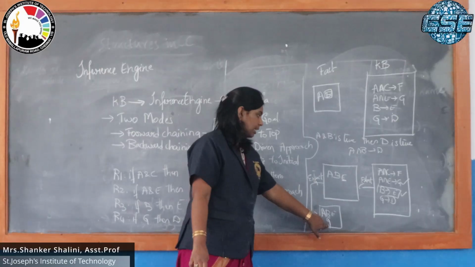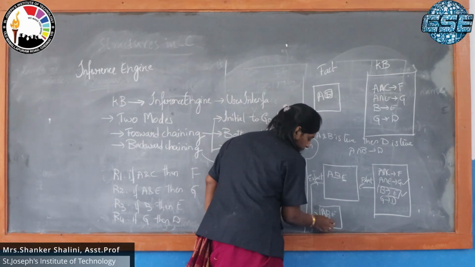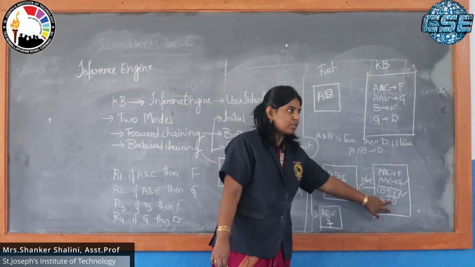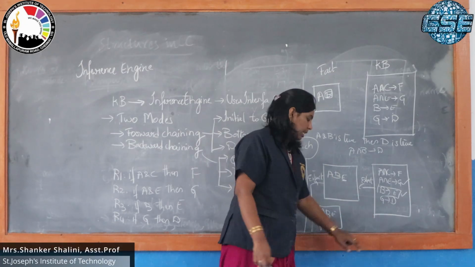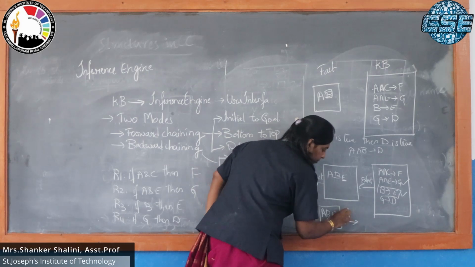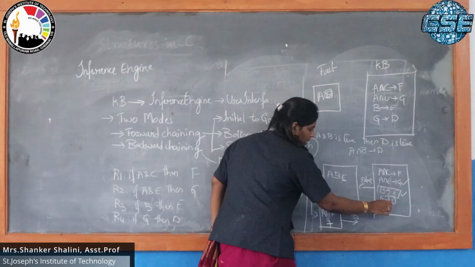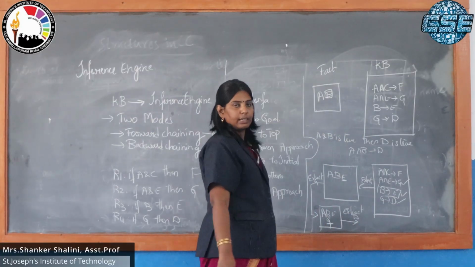Where is G in the statements? G tends to D. From this statement we extract D.